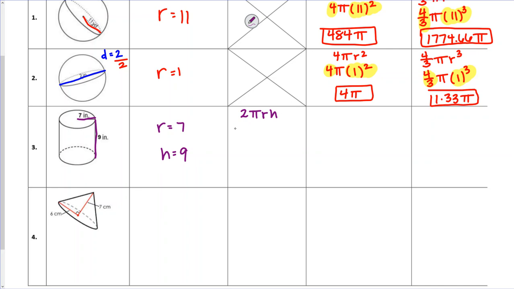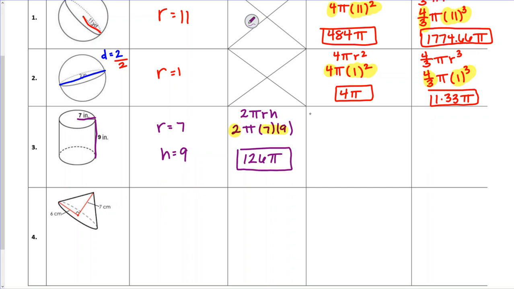We have r and h, so we plug it in. 2 pi times 7 times 9. Skip the pi, plug the rest in. Once you do that, you get a lateral area of 126 pi. Pi's in the formula, pi's in our answer.